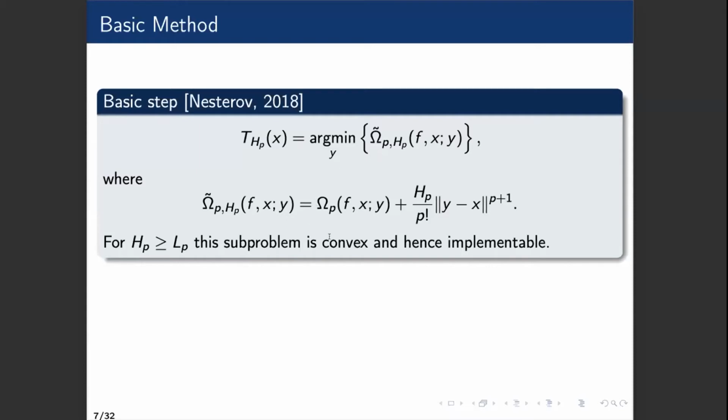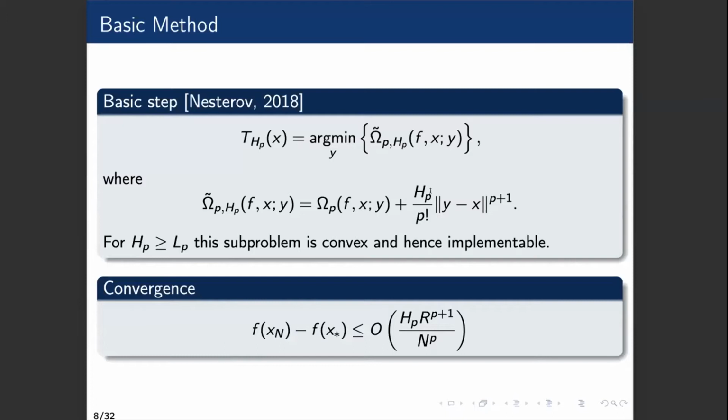Basically, if this part is convex, it's okay. And for such H_p that is greater than L_p, the subproblem is convex and hence implementable. We can solve this problem somehow by other methods.